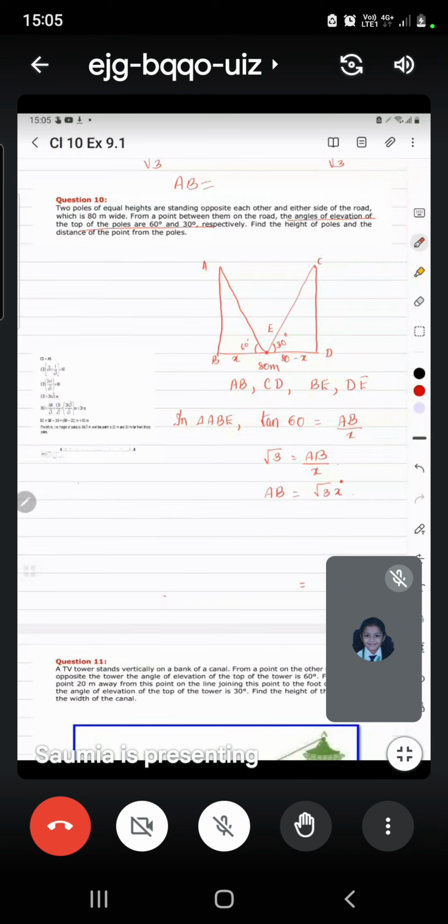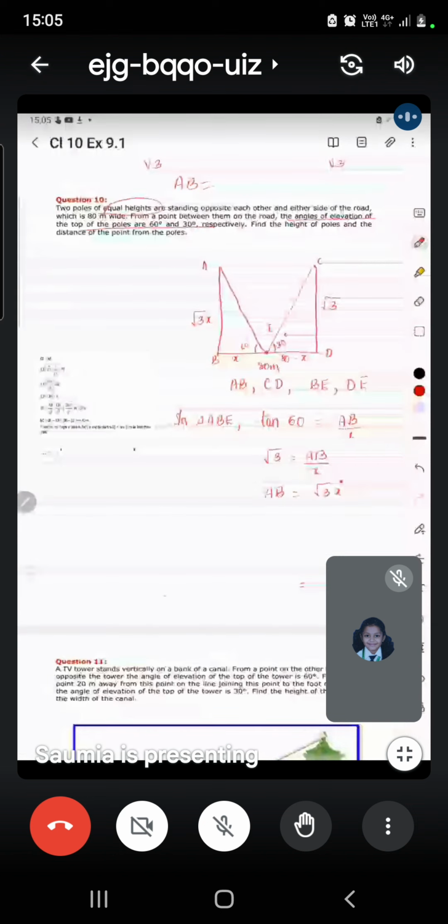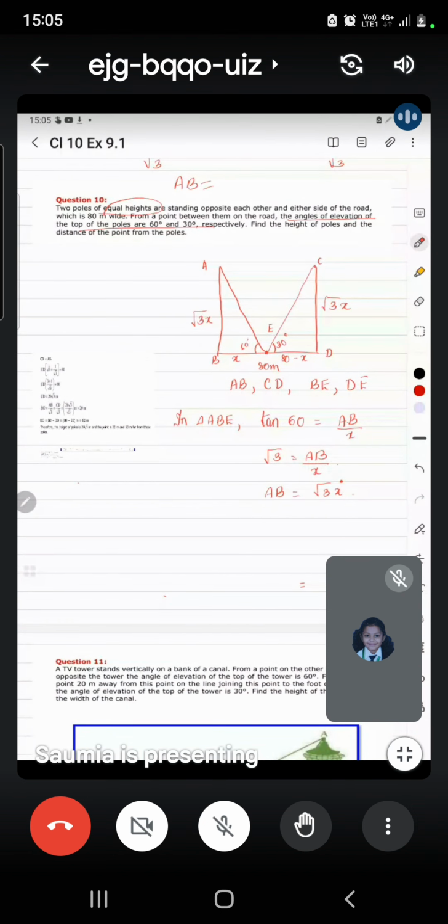Now, if AB is root 3x, which other segment will also be root 3x? CD. Yes, CD, because the first part of the question told us that the poles are of equal height. So if I get AB as root 3x, I will also get CD as root 3x.